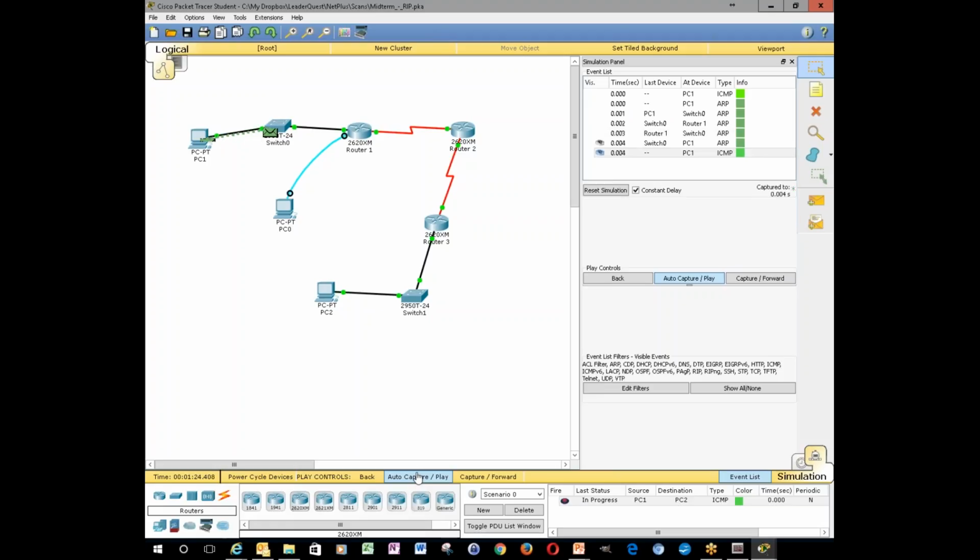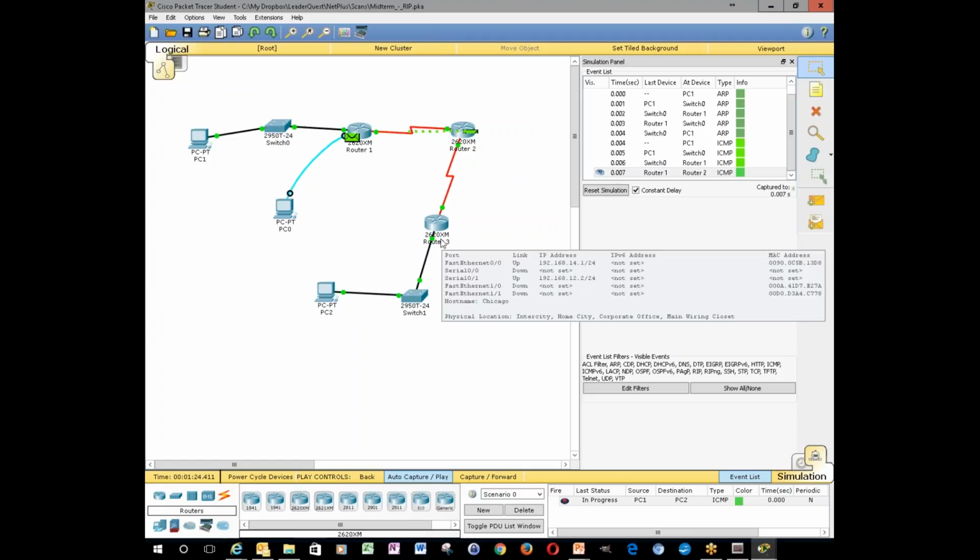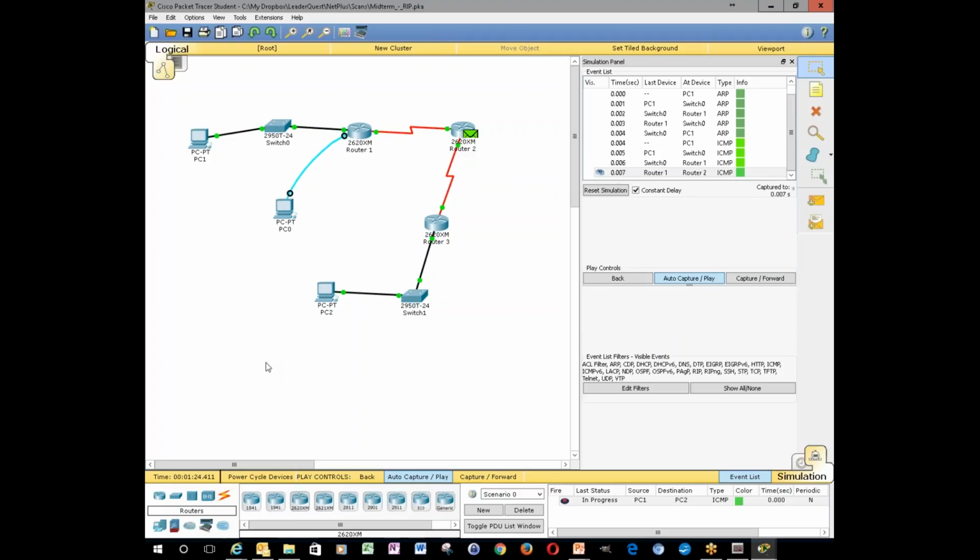This is one that obviously didn't work, back and forth. So what we've really done here is set up a routing loop because of a misconfiguration. This is one I had found that a student had done. Now we're going to send it back, and now hopefully it will go all the way through.